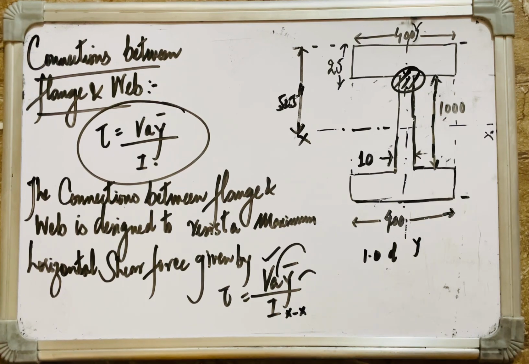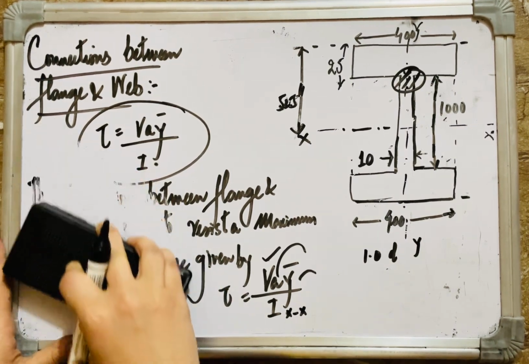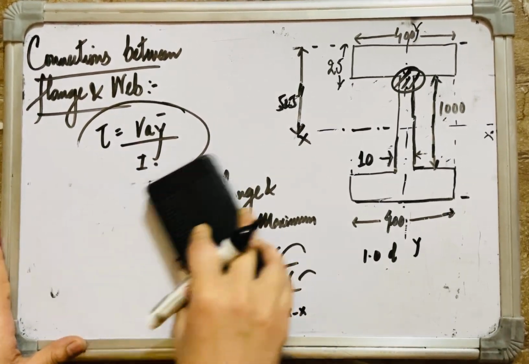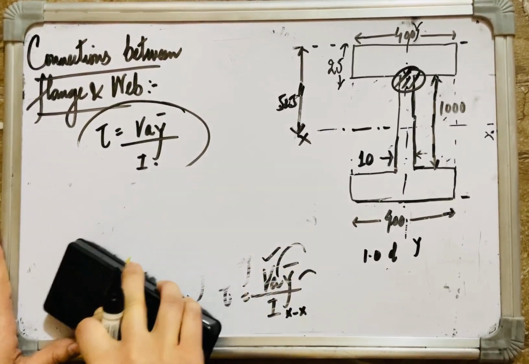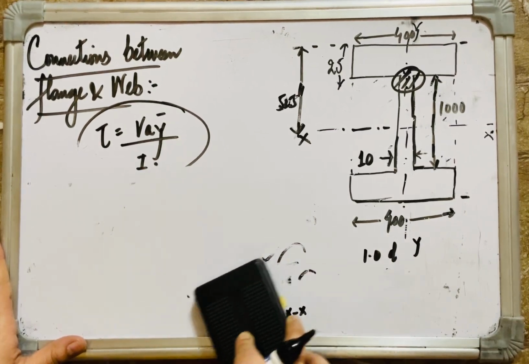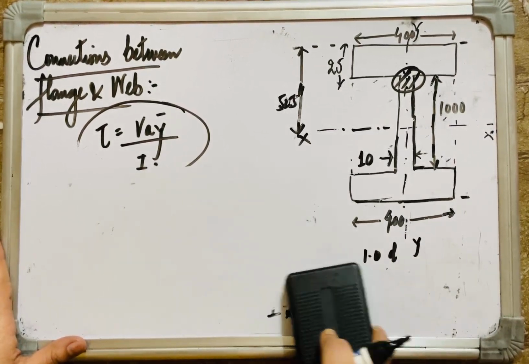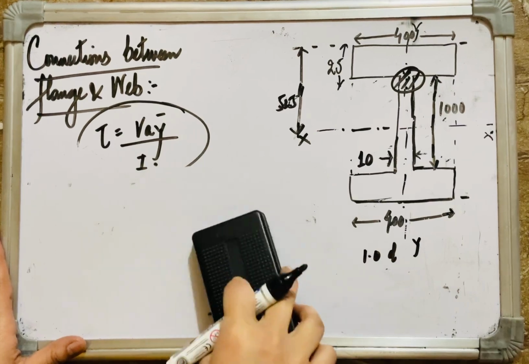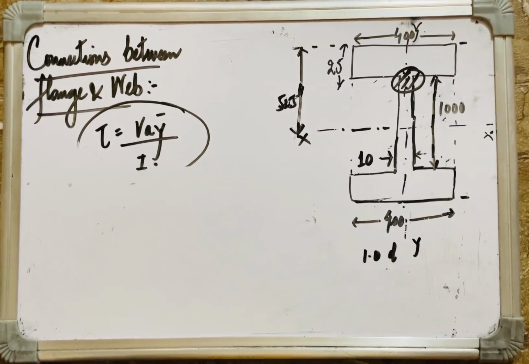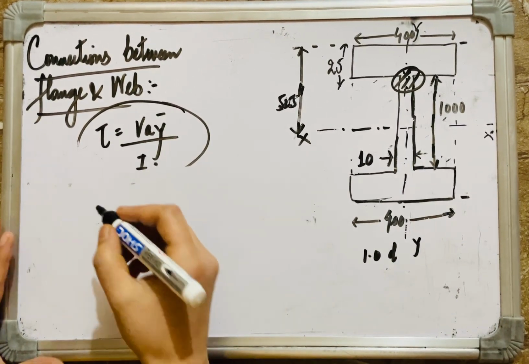Let me substitute the values, because the connections between flange and web are designed to resist a maximum horizontal shear force, which is given by this formula.